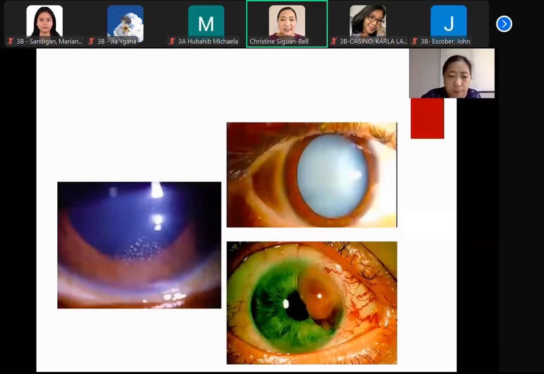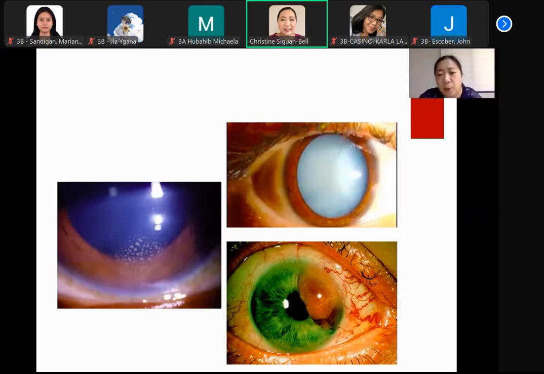In this picture, we have a picture here on the left where there is pigment seen on the corneal endothelium. This is usually seen in patients with phacolytic glaucoma or phacoanaphylactic glaucoma, where the lens capsule or inflammation will go into the trabecular meshwork and cause trabeculitis and an increase in intraocular pressure.